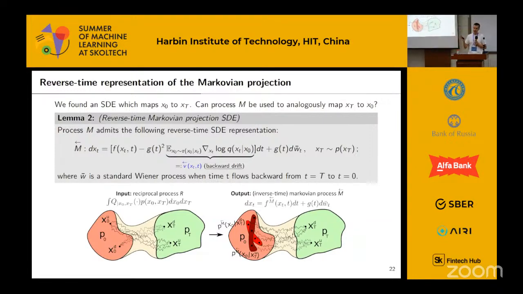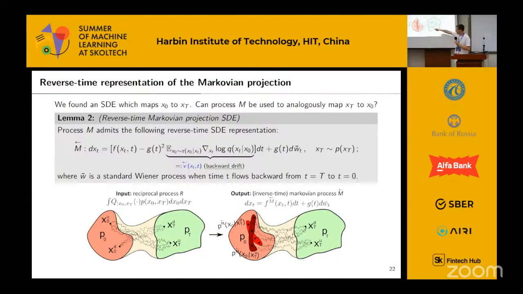So the short story from this slide is that you can write down your Markovian projection stochastic differential equation in backward time. It will be the same random process, but a different formula because it's a stochastic differential equation in backward time. That's it. Again, let's take a look at these images and conclude what all this Markovian projection does.